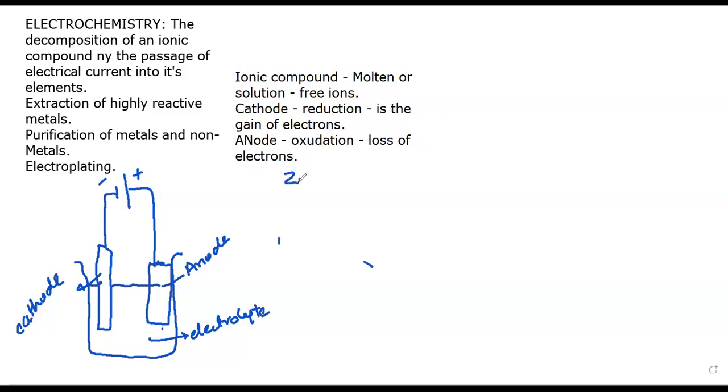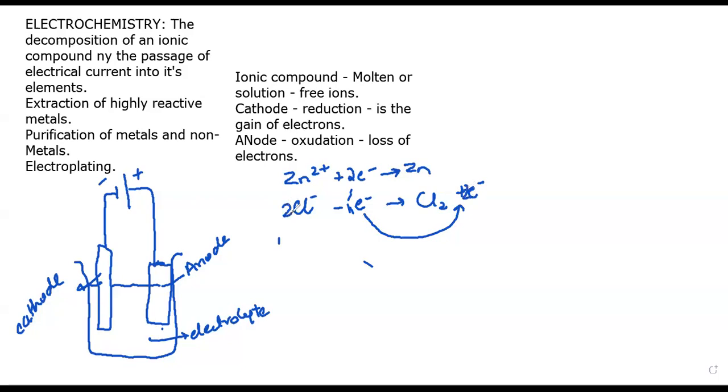Zinc ions go to the cathode, where they gain 2 electrons and become zinc metal. On the anode, my chloride ions lose electrons to become chlorine gas. But since we never write electrons with a negative sign, we write them on the other side of the equation, like this.